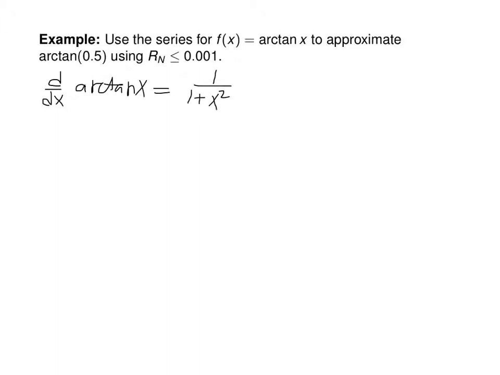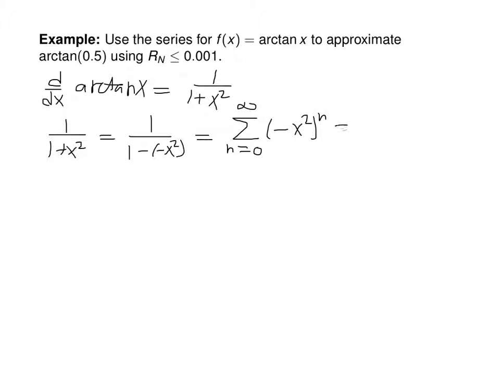The first thing we have to do here is get a formula for the arctangent's series. 1 over 1 plus x squared is the same thing as 1 over 1 minus negative x squared, which is the same thing as the sum from 0 to infinity of negative x squared to the n, which is the same thing as the sum from 0 to infinity of negative 1 to the n, x to the 2n.